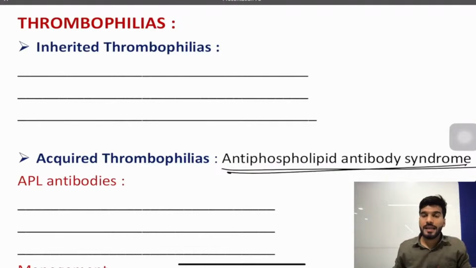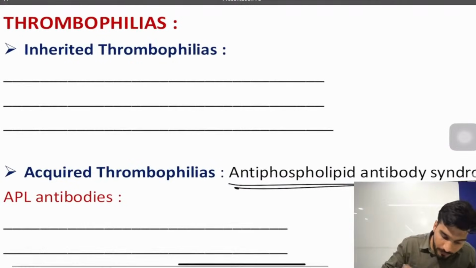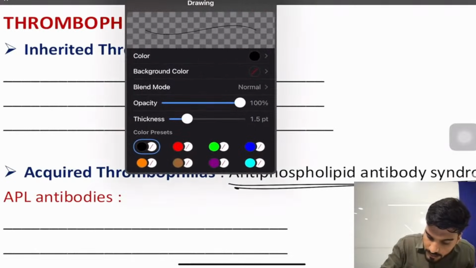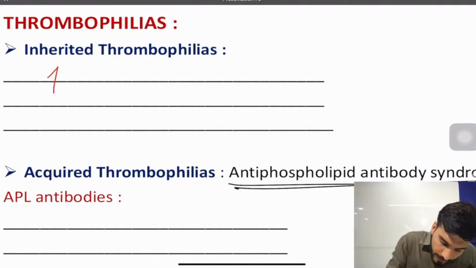Now if we talk about inherited thrombophilia, what can be the possible reasons for inherited thrombophilia? Patient can have a factor V Leiden mutation.